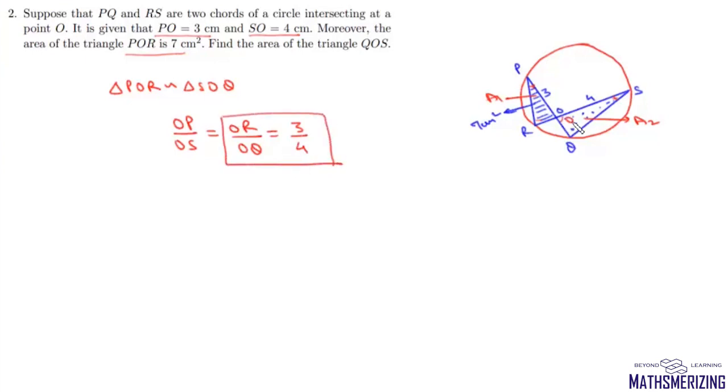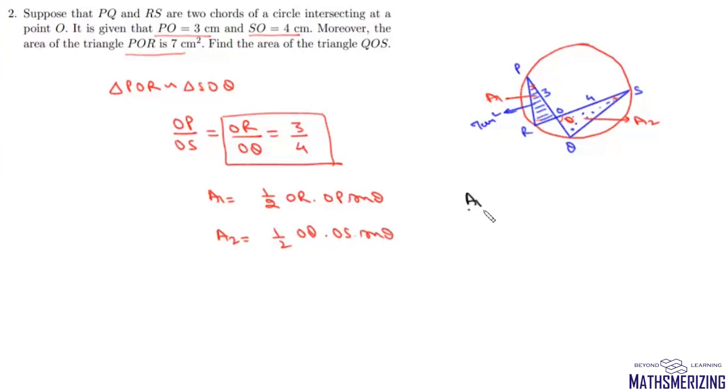Now say this angle is θ. So we can write A1 as 1/2 · OR · OP · sin θ, and A2 as 1/2 · OQ · OS · sin θ. Now we'll divide them.